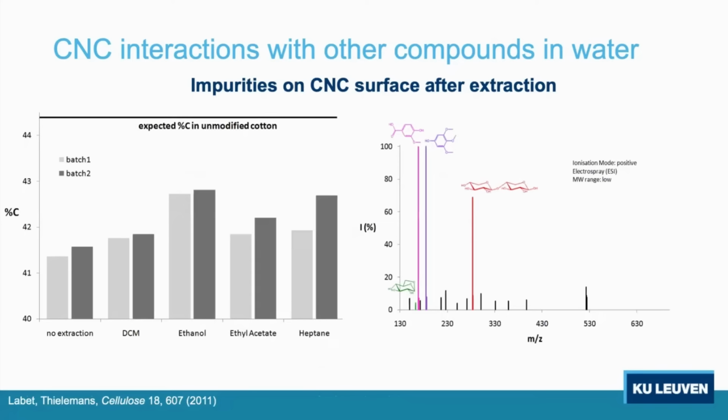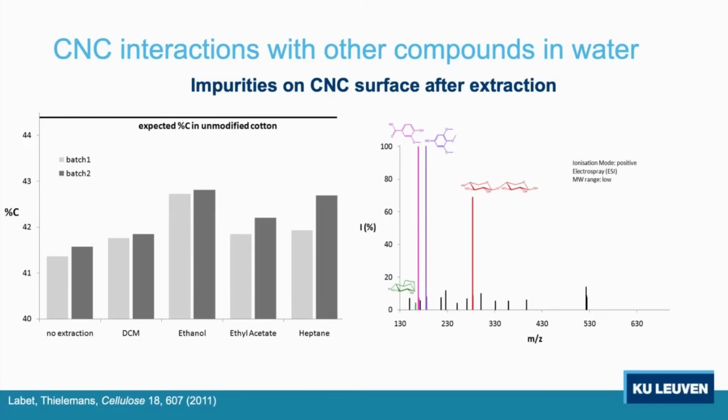So that means that if we extract nanocellulose, and we do get hydrophobic species in our extraction solvent, they will absorb onto the cellulose, because again, it's an entropy effect. So if you take nanocrystals and we look at the actual carbon content, this is the carbon content you would expect for pure cellulose, then you see that nanocrystals which have been purified are not pure cellulose.